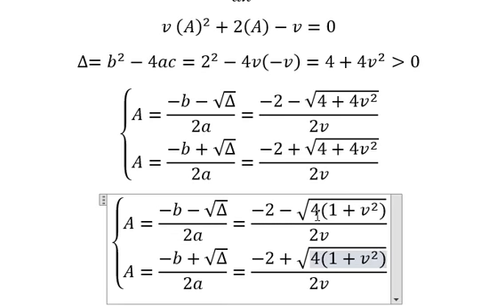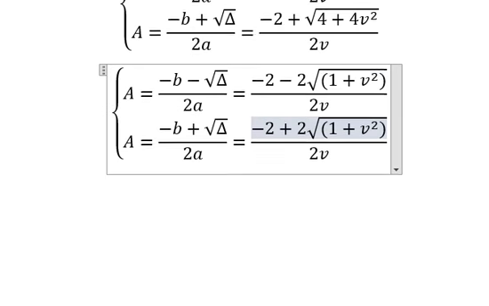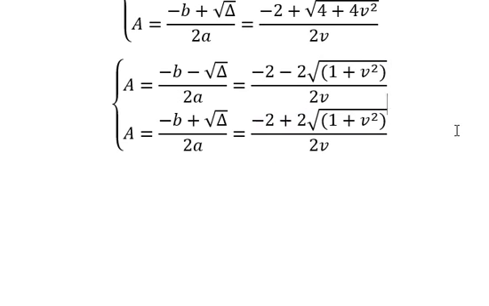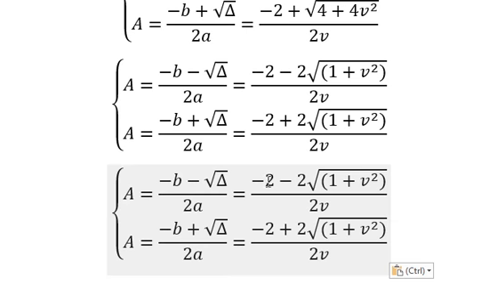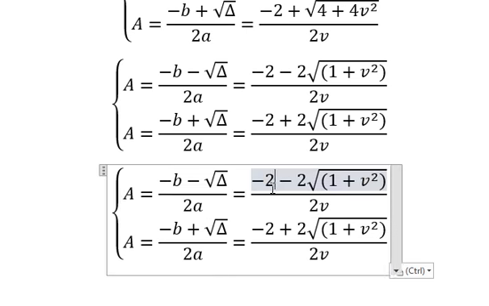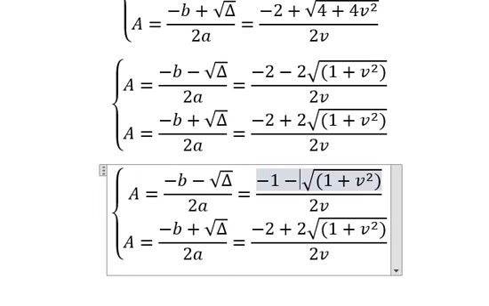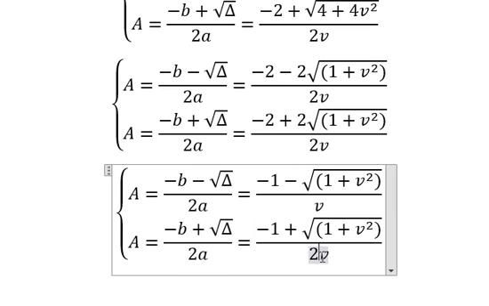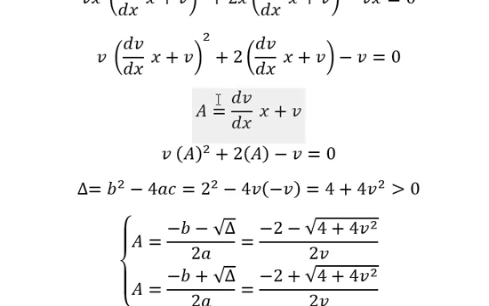The square root of number 4 is number 2. So we simplify number 2 on numerator and denominator. So we have capital A, that's this one.